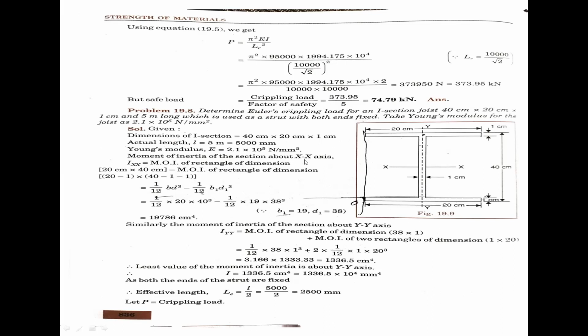Moment of inertia of the section about the x-axis. Ixx equals the moment of inertia of rectangles of the given dimensions. For the rectangular section, BD cubed by 12 along the x-axis. So Ixx equals 1/12 × 20 × 40 cubed minus 1/12 × 19 × 38 cubed, where the web portion has to be subtracted, with b1 equal to 19 and d1 equal to 38.